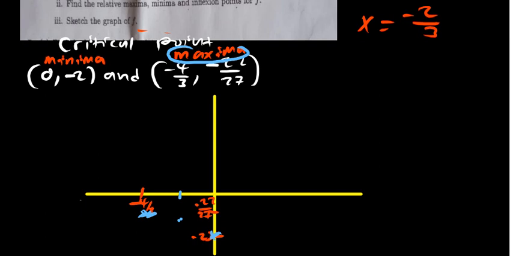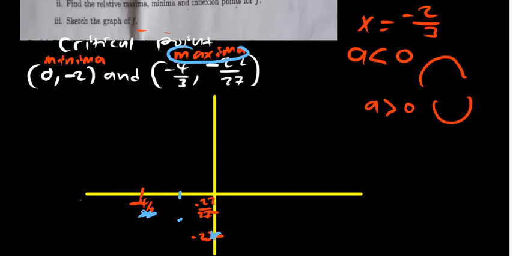When a is less than 0, the graph will be like what? Come on, guys. It will be facing down. Are you sure? It will be up. When a is greater than 0, it will be facing down.